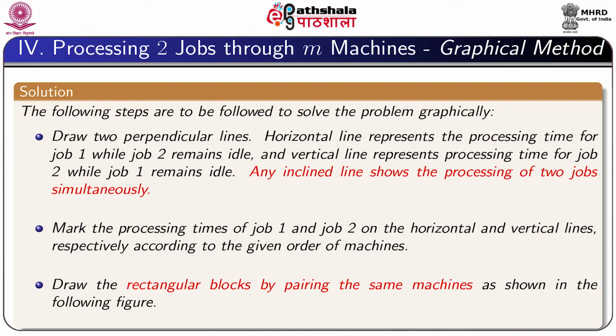In the first step, we will draw 2 perpendicular lines. The horizontal line represents the processing time for job 1, while job 2 remains idle, and the vertical line represents processing time for job 2, while job 1 remains idle. Any inclined line shows the processing of 2 jobs simultaneously.